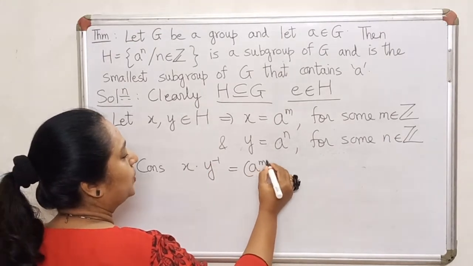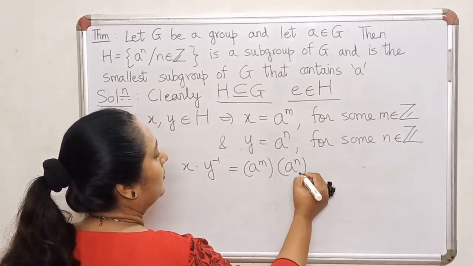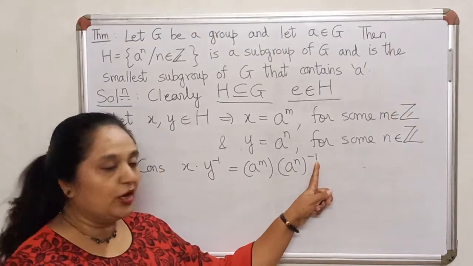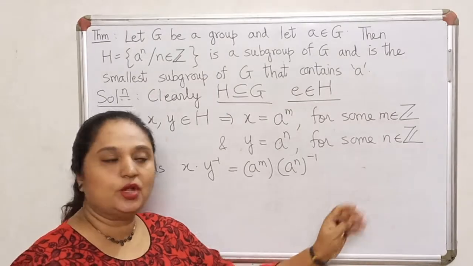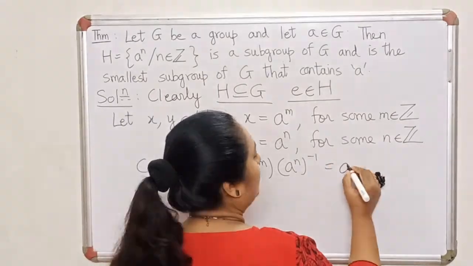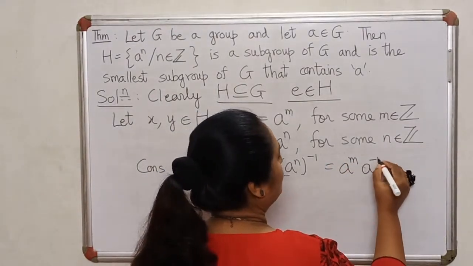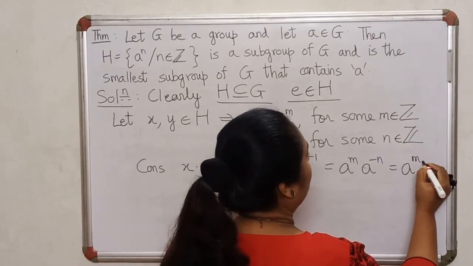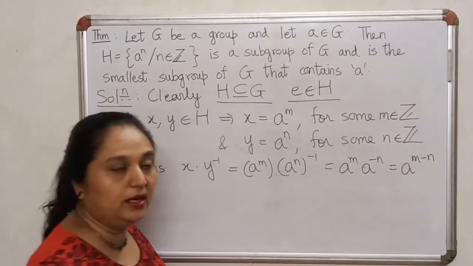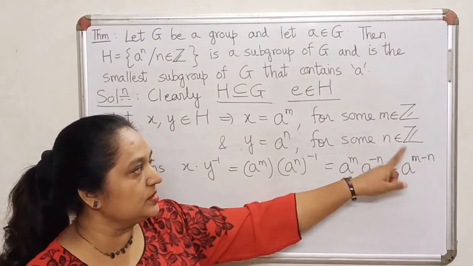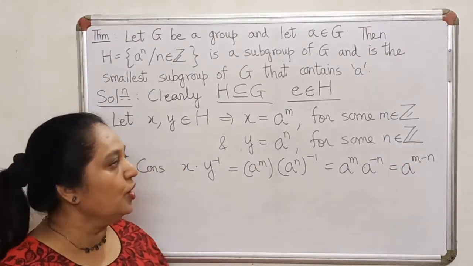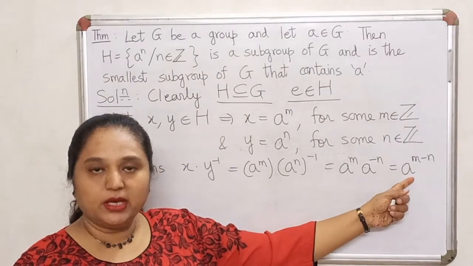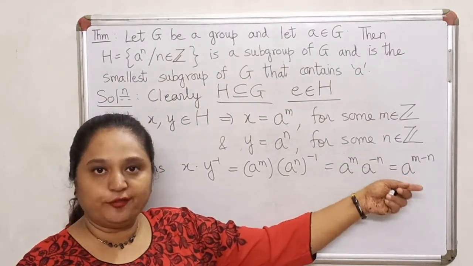X is A raised to M. And if we use this notation for the inverse, then you can freely use laws of indices. So we will get A raised to M into A raised to minus N, which works out to be A raised to M minus N. And if M and N are integers, then M minus N is also an integer.